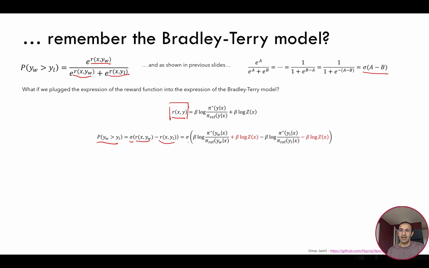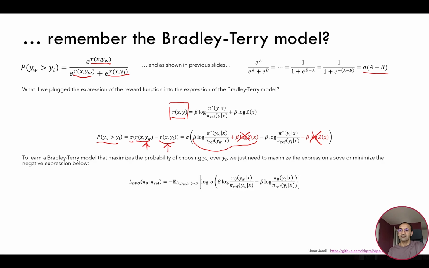If we plug in the reward assigned to the winning response, and here the reward assigned to the losing response, we have these two z of x terms, so plus beta log of z of x and minus beta log of z of x, that will cancel out because they are the opposite of each other. This way, we can obtain a formula that does not contain the z of x term, and it's now computable.